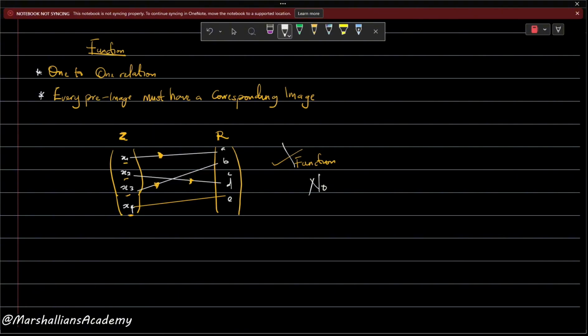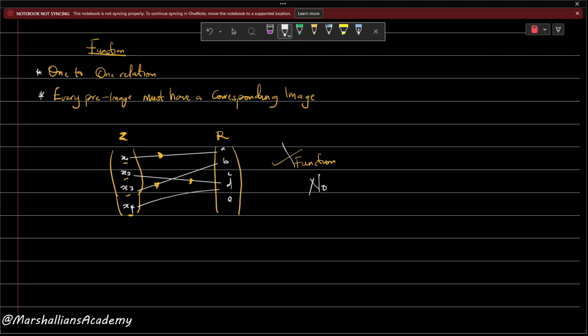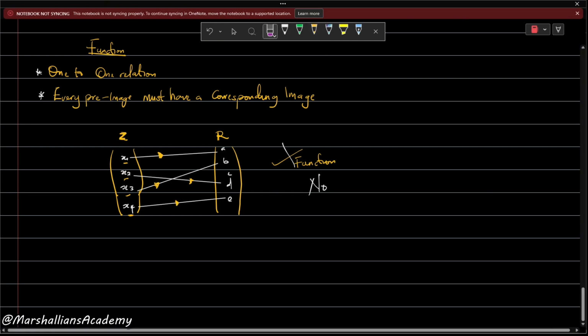I'm changing to white, so it follows consistency. Now once this has its own corresponding image, then it qualifies back as a function. Do you understand this? Yeah, that's it.